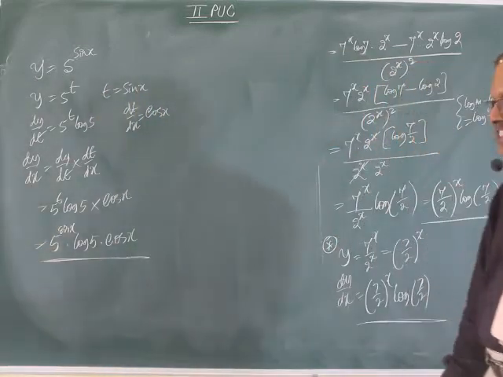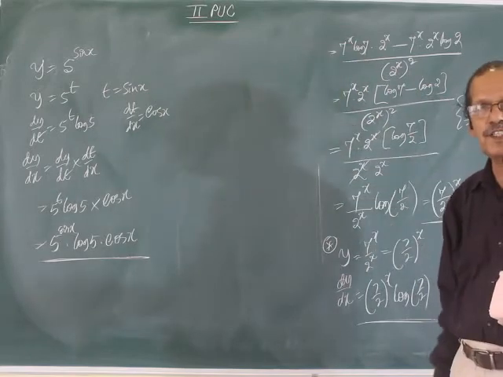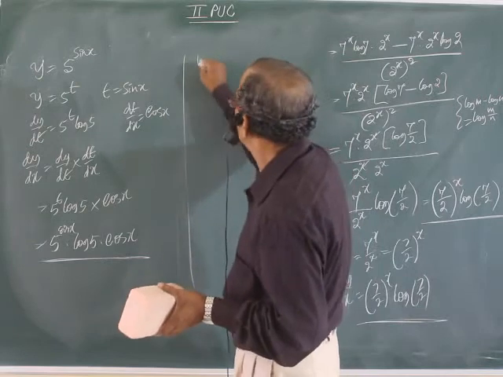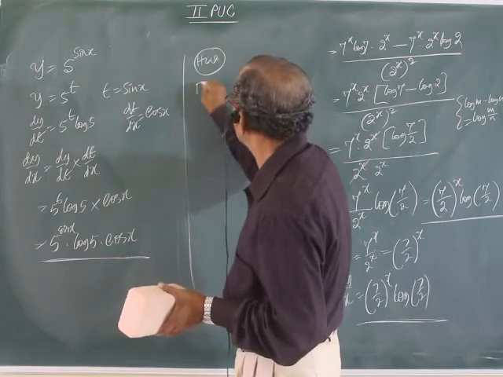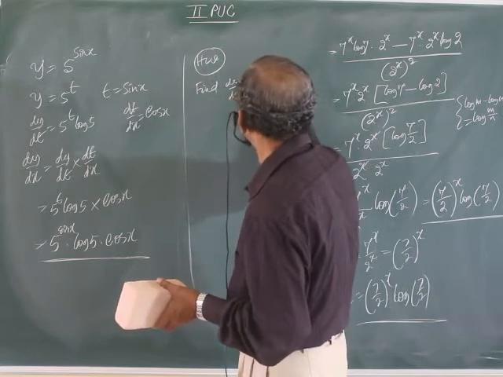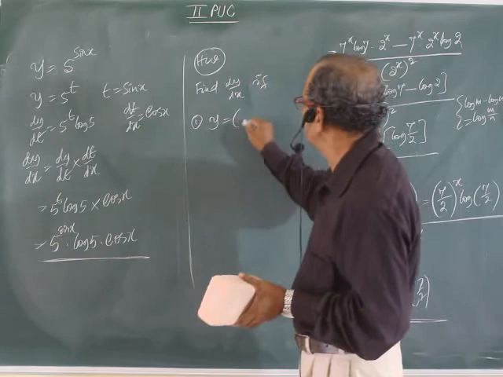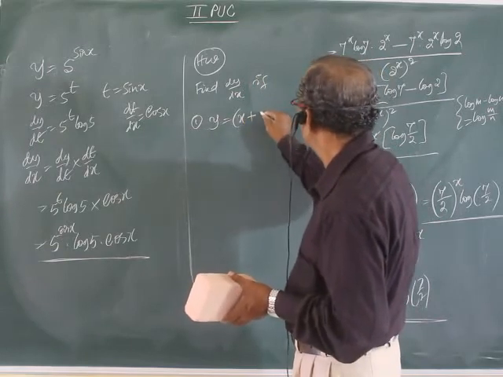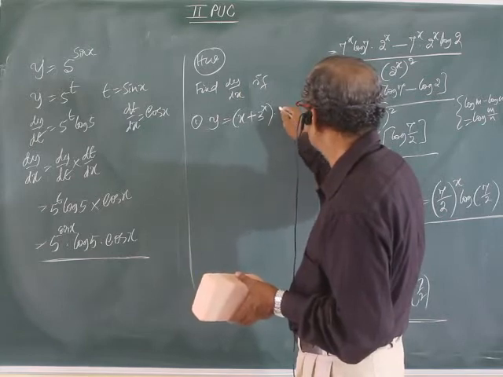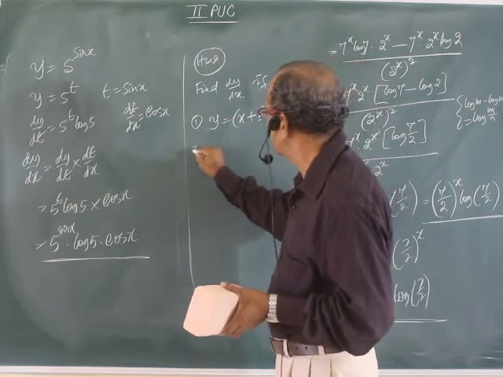A to the power x can be used in product formula, quotient formula, chain rule, all these things. Clear now? Homework, find dy by dx. If y equal to, let me give one more, 3 to the power x into e to the power x, product formula.